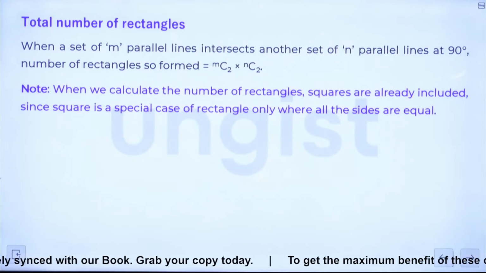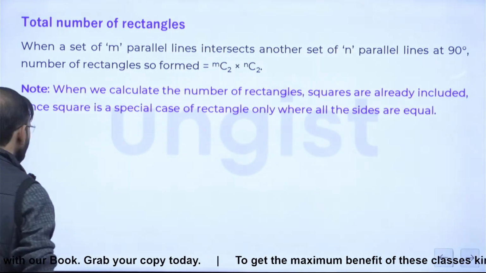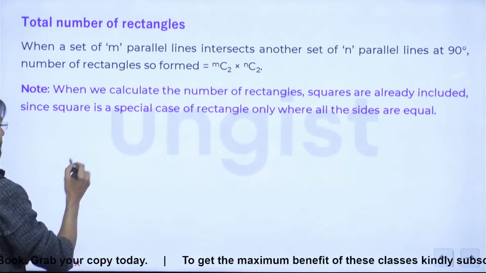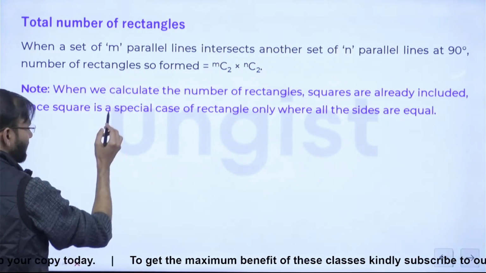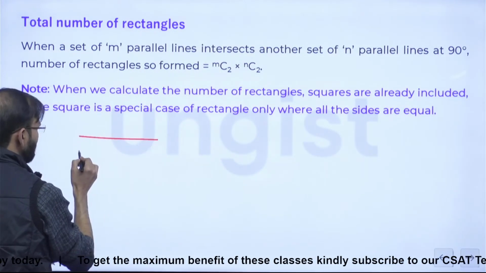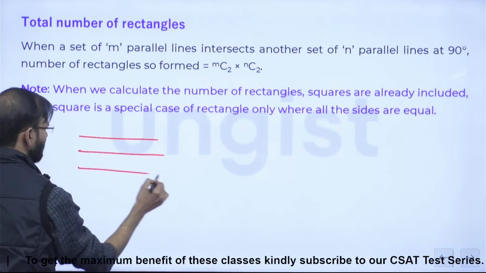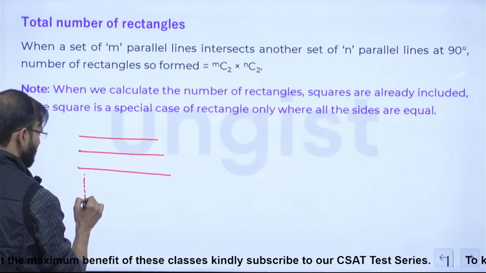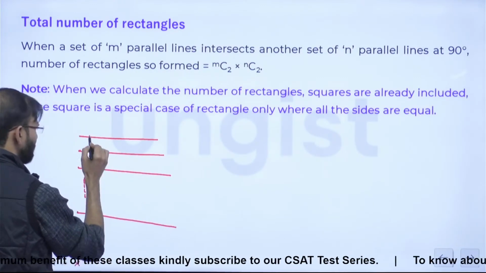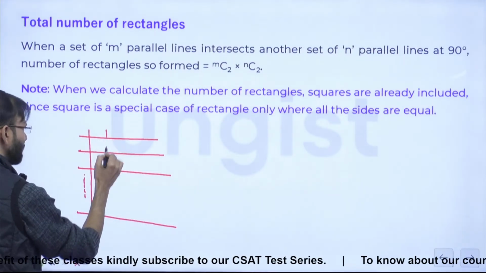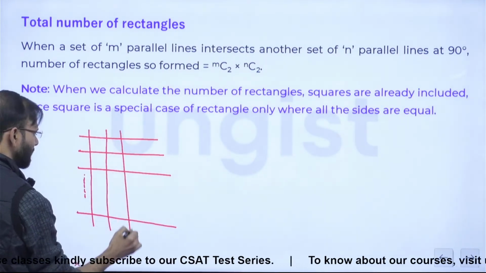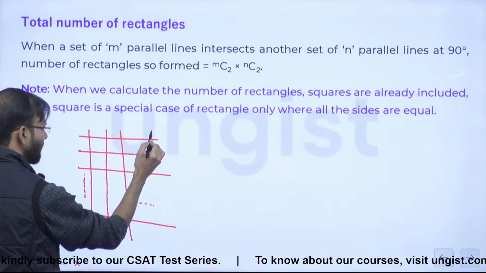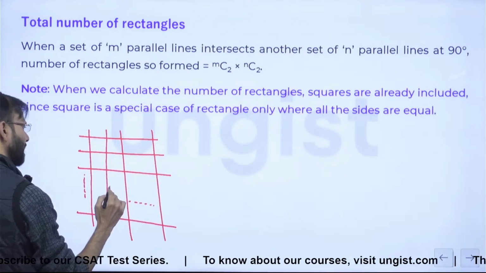Just tell me one thing, guys. The theory says if a set of m parallel lines intersects another set of n parallel lines at 90 degree, right?